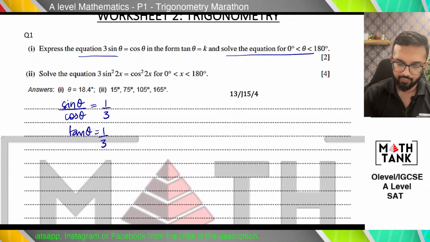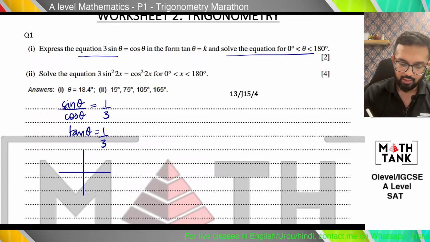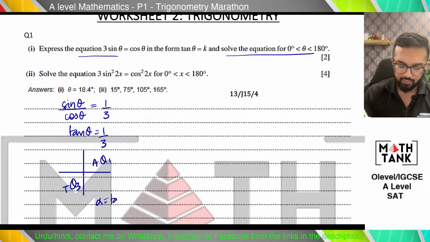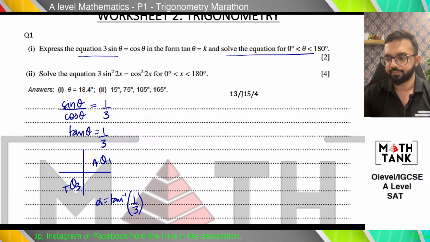Let's solve the equation for 0 to 180. So I'm going to write down my quadrants first. I'm going to say that they can either be in A or T. Quadrant 3 is beyond 180, so I'm going to ignore that. Tan inverse of 1 over 3.